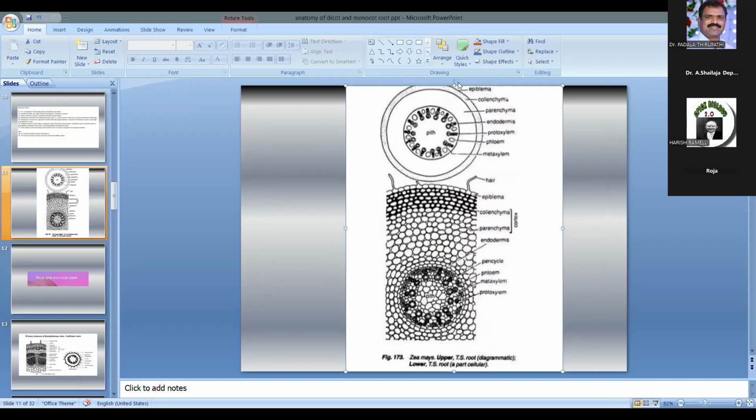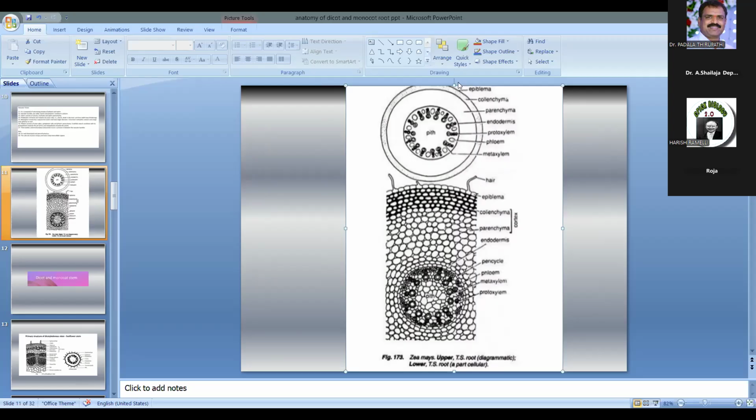The epidermis is usually uniseriate, but in many orchids and epiphytic aroids it becomes multiseriate, commonly known as the velamen. It consists of compactly arranged non-living cells with thickened walls.